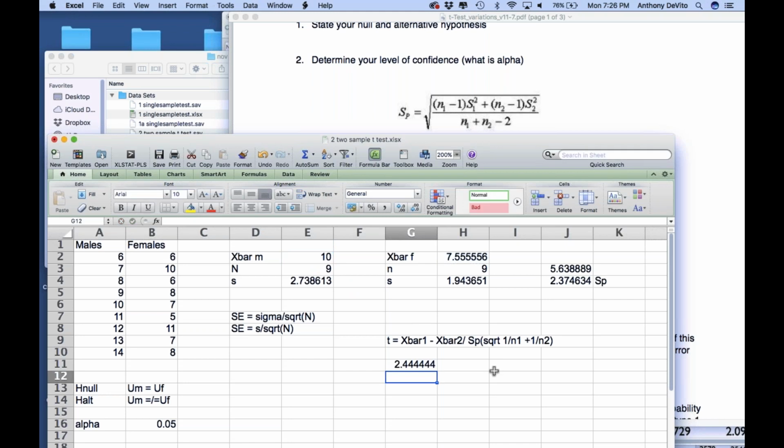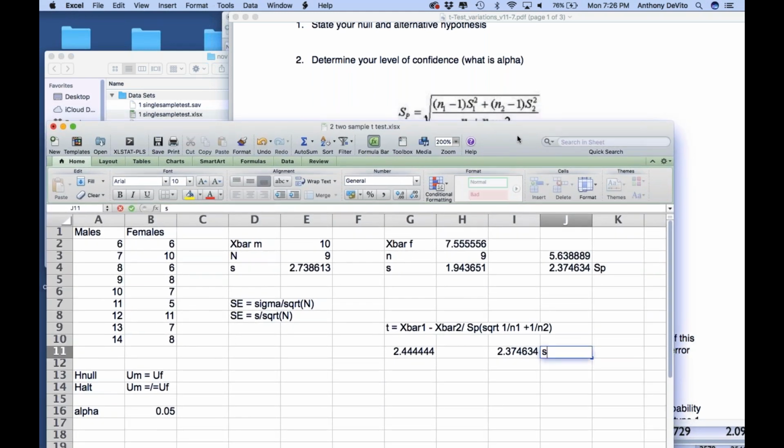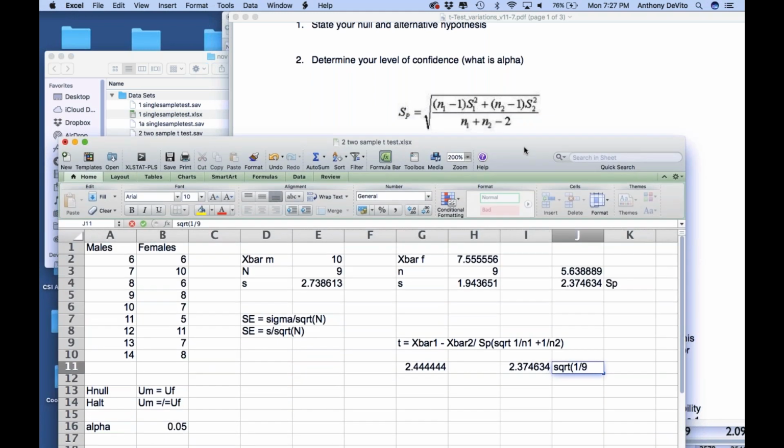7.55. And the bottom part is going to be equal to the pooled standard deviation, which is this number, times the square root of 1 over the sample size, which is 9, plus 1 over 9.